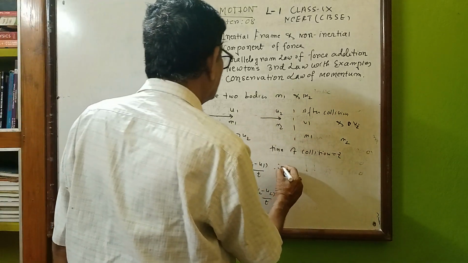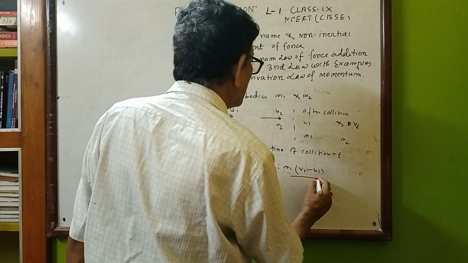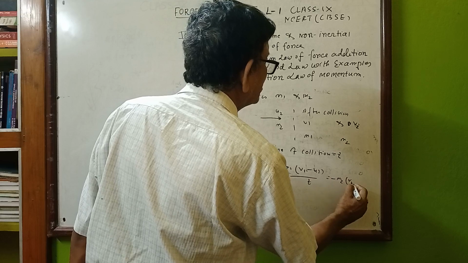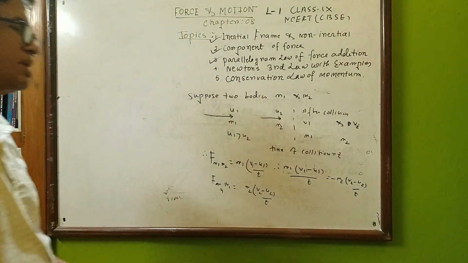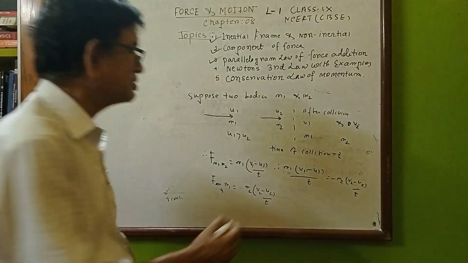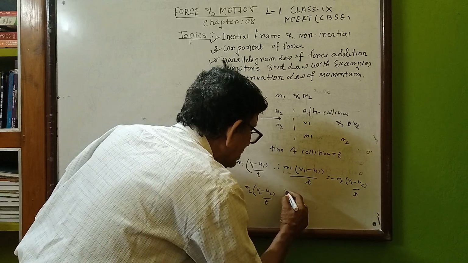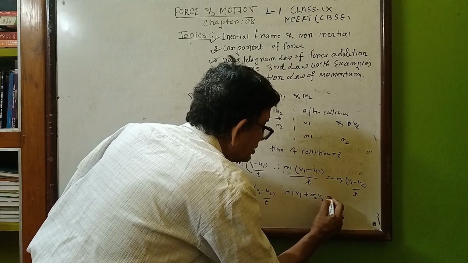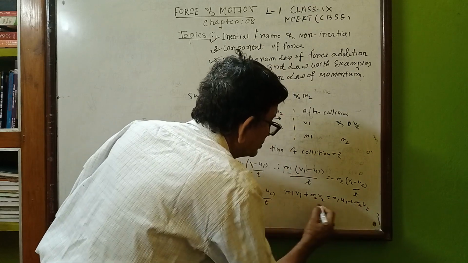Now we have M1 (V1 minus U1) by t equal to minus M2 (V2 minus U2) by t. Why minus? Children, minus in the sense that the reaction is opposite to the action. So now t cancels. If you take all on one side, you are getting M1 V1 plus M2 V2 equal to M1 U1 plus M2 U2. Proved.